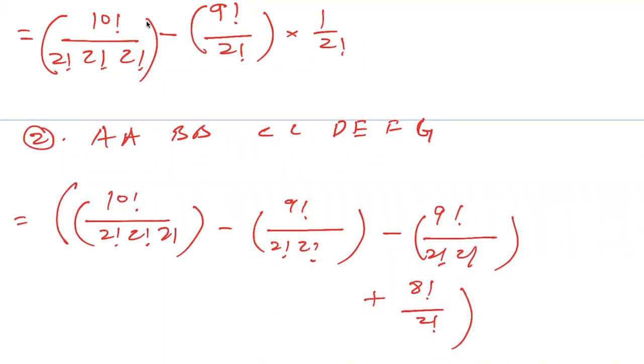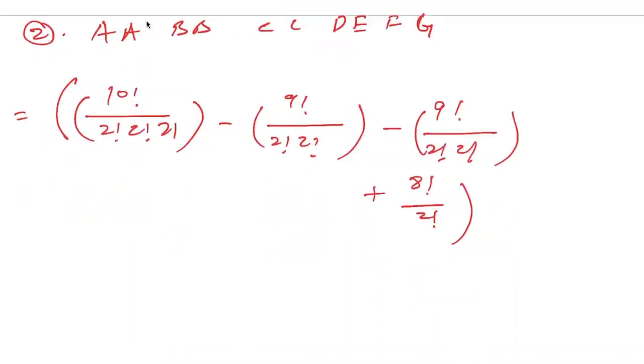Maybe you all are thinking we can go with the gap method also, but that will be a mistake. We can't go with the gap method in this case, right? Because if I'm saying no two A's and C, C, D, E, F, G, no two B's are together, maybe you are thinking you have all these gaps and we can put A and B's there.